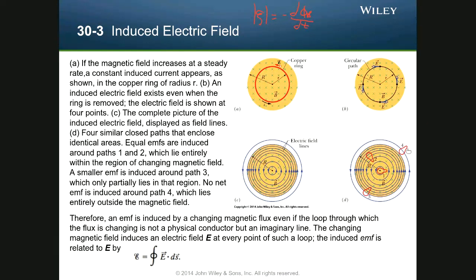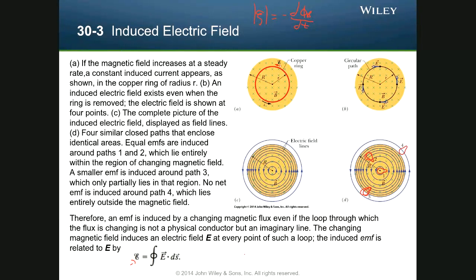So what we can do here is look at the electromotive force, and we can write, and this is a little different than what we talked about in chapter 24, that the EMF is equal to the closed loop path integral of E dot ds. These are your paths: path 1, path 2, and path 3.